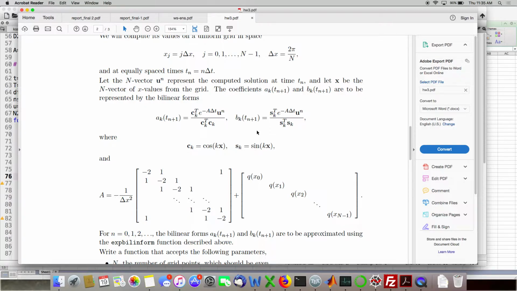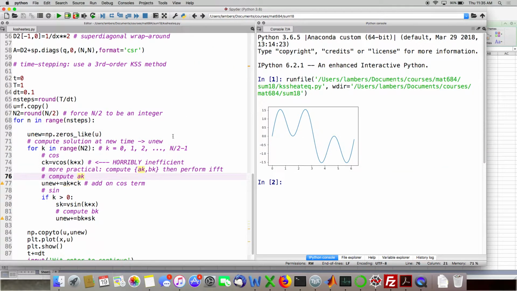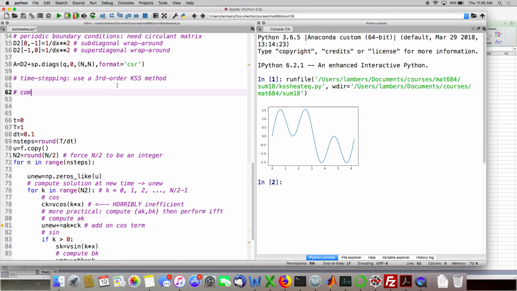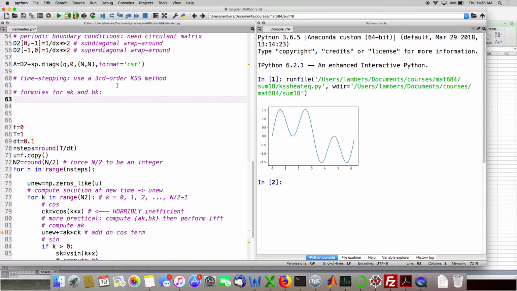Okay, so I'm going to, in some form, reproduce the Fourier series that's in that other document.